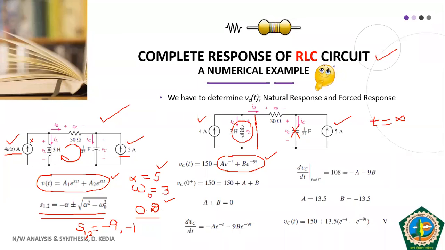So if we do that, you see what is happening. When this is shorted, this current source will also be shorted, meaning the entire current of this current source will move through this short. There will be no contribution of this current source in the circuit. So only this 5 ampere current will be flowing through this resistance.